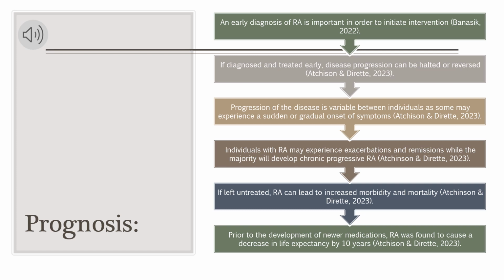Individuals with RA can experience exacerbations and remissions, while the majority will develop chronic progressive RA. So one group does ebb and flow, and others are just kind of a steady pace. If left untreated, RA can lead to increased morbidity and mortality. And interestingly, prior to the development of newer medications, RA was found to cause a decrease in life expectancy by 10 years.